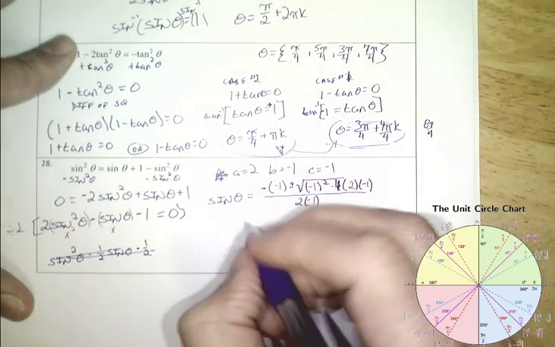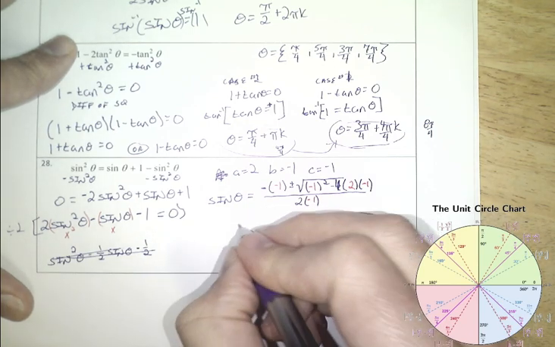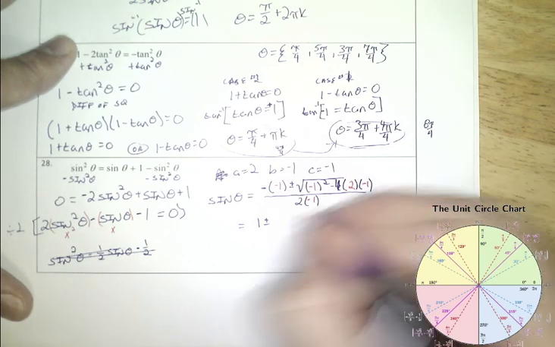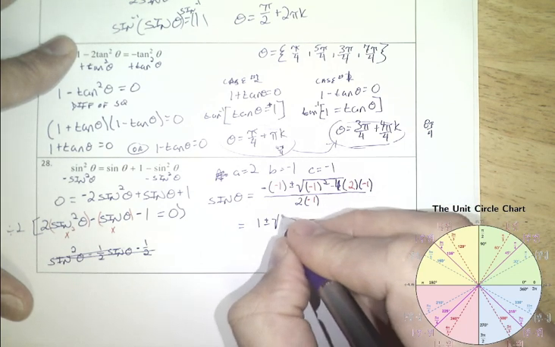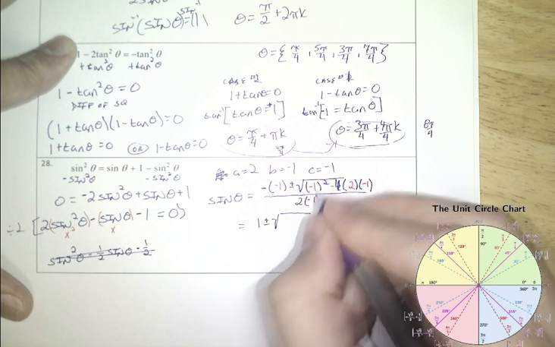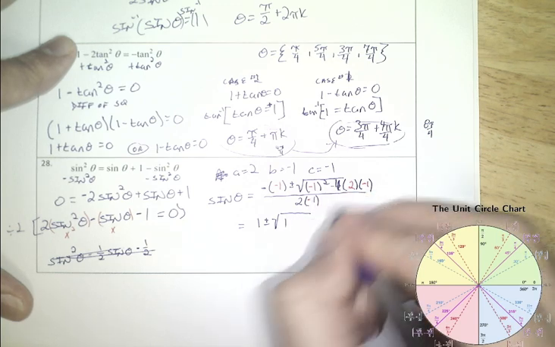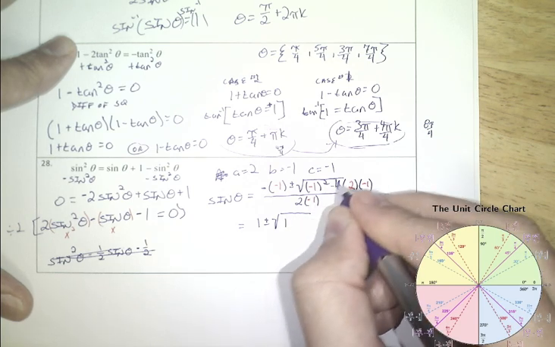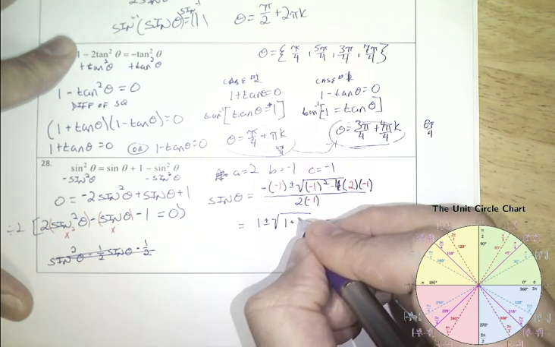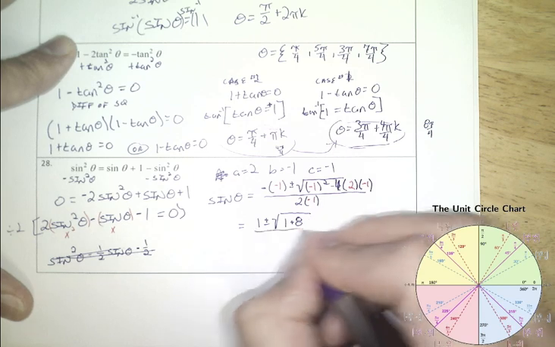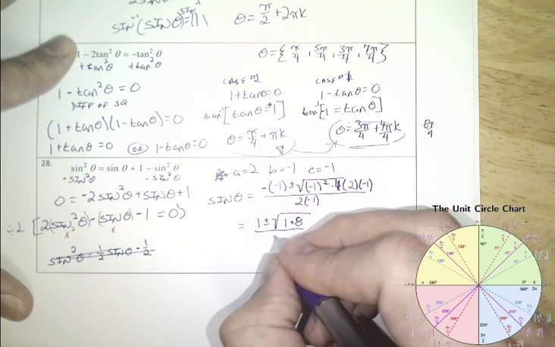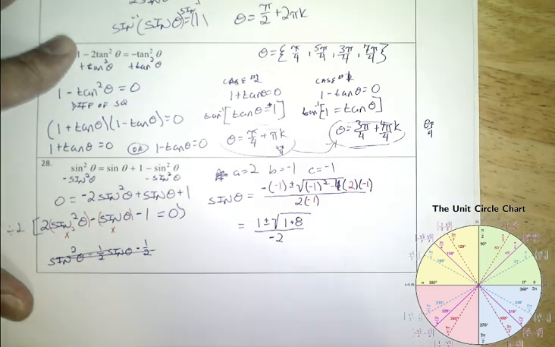So let's simplify this out a little bit. This is all going to be equal to 1 plus or minus the square root of, negative 1 squared is a positive 1. Negative 4 times 2 is negative 8, times negative 1 is a plus 8, all over 2 times negative 1, a negative 2.